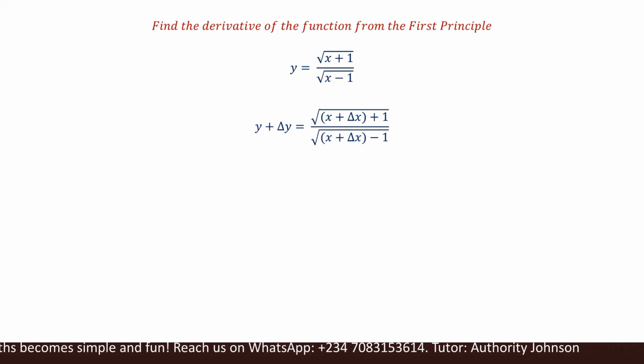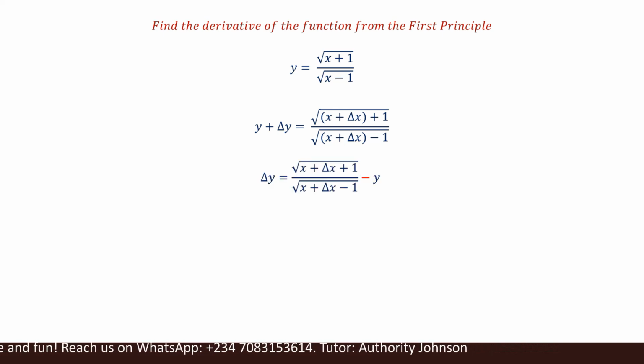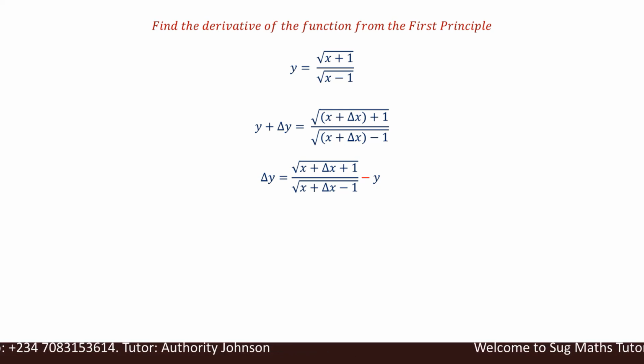Now from here, let's take y to the other side. So we're going to have change in y is equal to square root of x plus change in x plus 1 all over square root of x plus change in x minus 1 minus y. And we know that y is square root of x plus 1 all over square root of x minus 1. Let's replace it. We're going to have this, right?